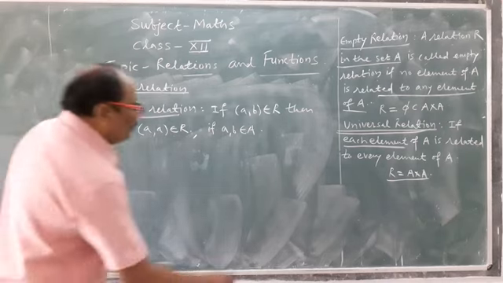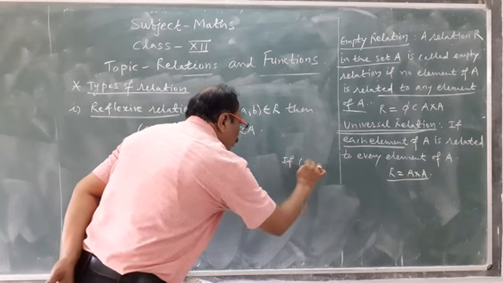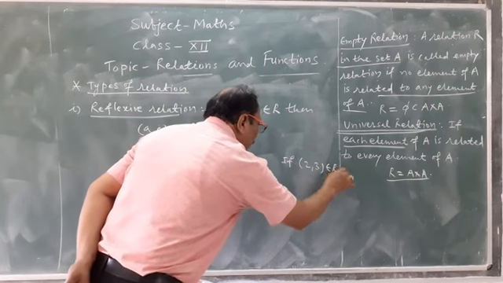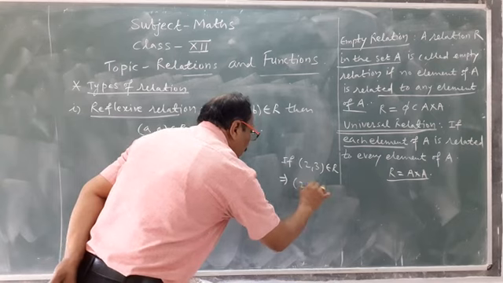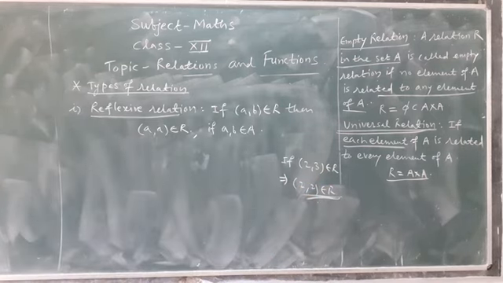For example, in a relation, if (2, 3) belongs to R and (2, 2) belongs to R, then it is reflexive.